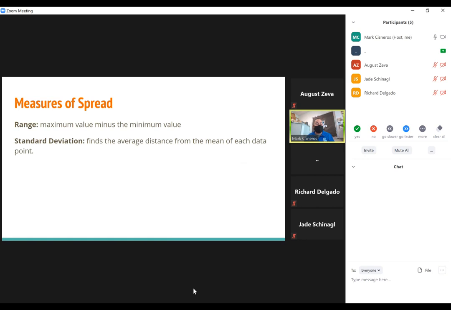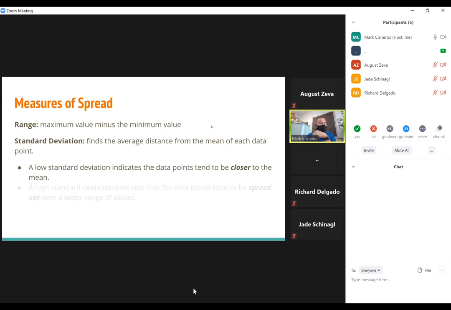The standard deviation is actually measuring the average distance from the mean of each individual data point. And if you have a low standard deviation, every data point is closer to the mean. Okay, so if the average on the test was a 70, then you have a lot of grades in the 60s and a lot of grades in the 70s, right around 70.